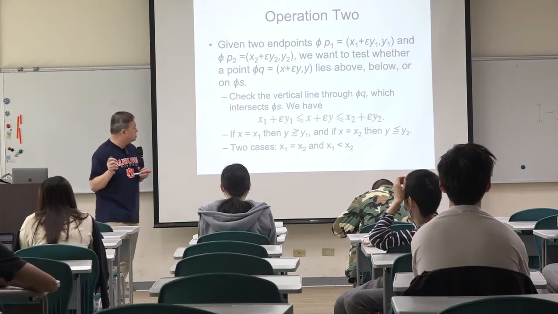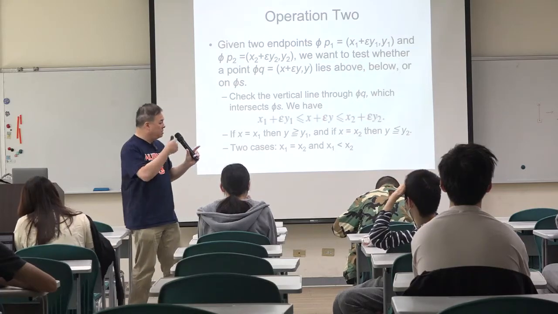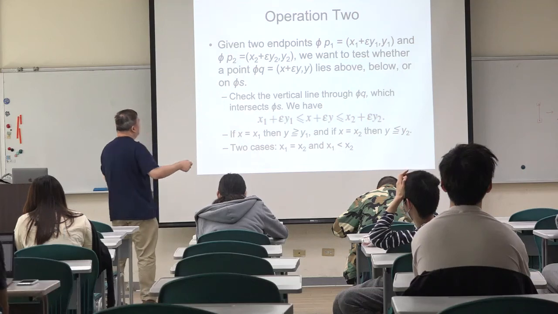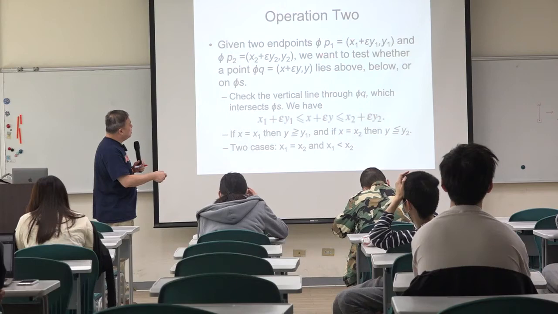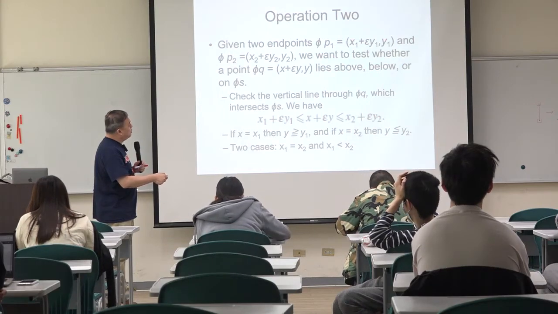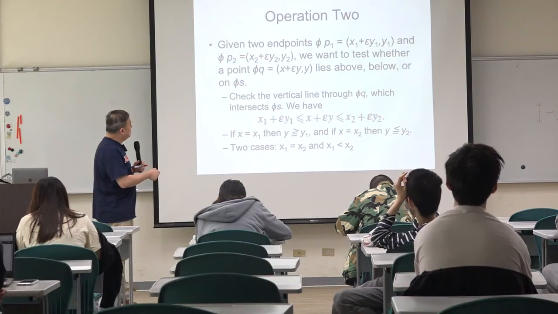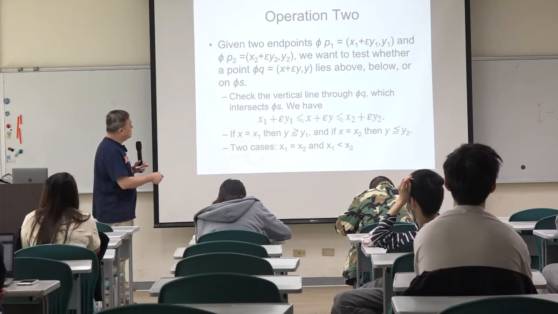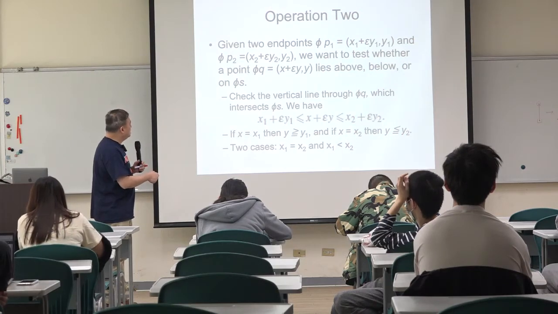For operation 2, given a line segment and a point, we want to see if it's above or below. Let's say the endpoints, P1 is x1 plus epsilon y1, and the other endpoint is x2 plus epsilon y2. We want to test whether a point Q, which we call x plus epsilon y, lies above, below, or on this line segment.